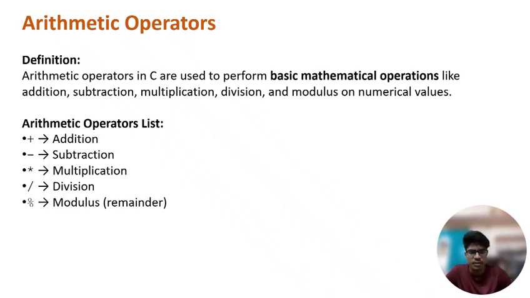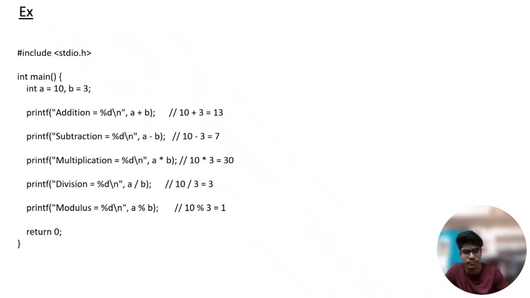Definition: arithmetic operators in C are used to perform mathematical operations like addition, subtraction, multiplication, division, and modulus on numerical values. Arithmetic operators are listed as we can observe below: addition, subtraction, multiplication, division, and modulus (remainder).